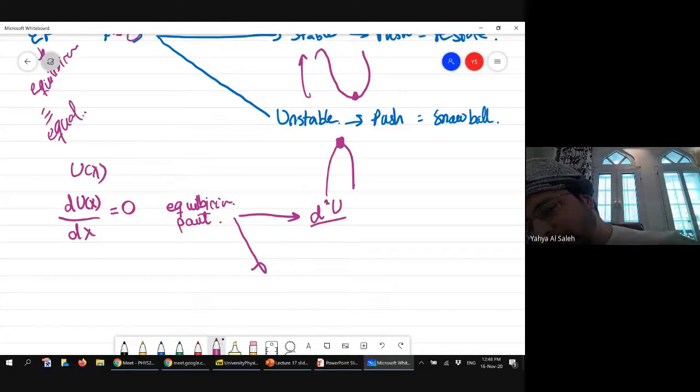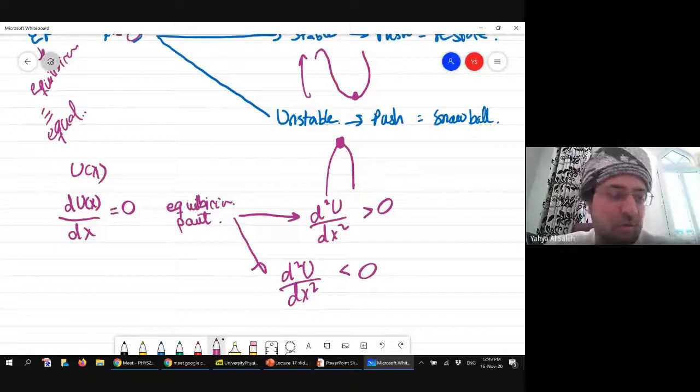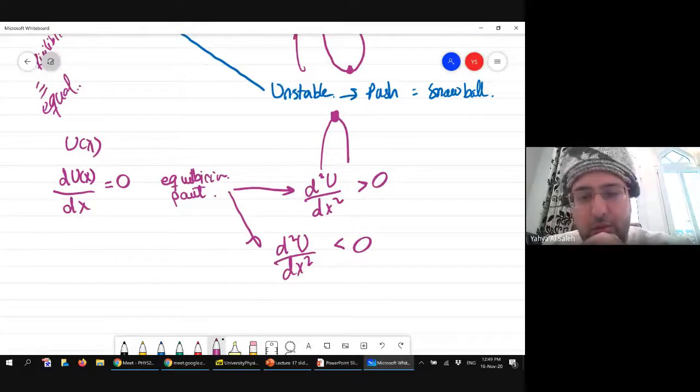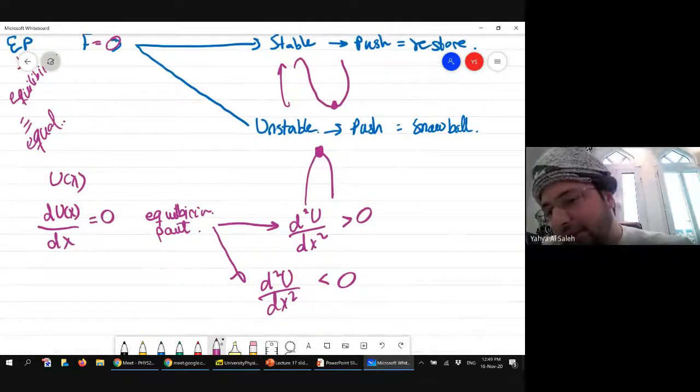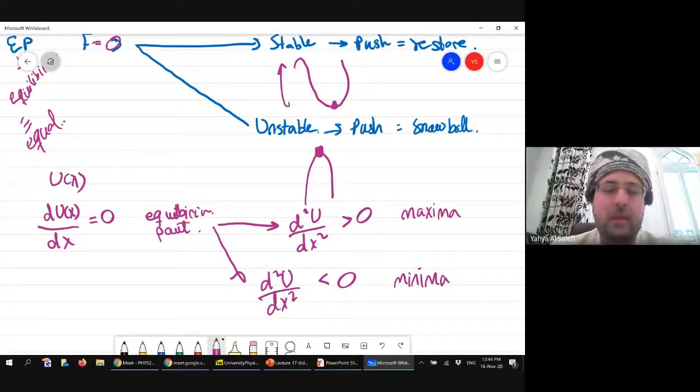And then if I take the second derivative, it can be more than 0 or less than 0. It can also be equal to 0, but we're not going to go into that now. If it is more than 0, then we have a minima. If it's less than 0, then we have a maxima.